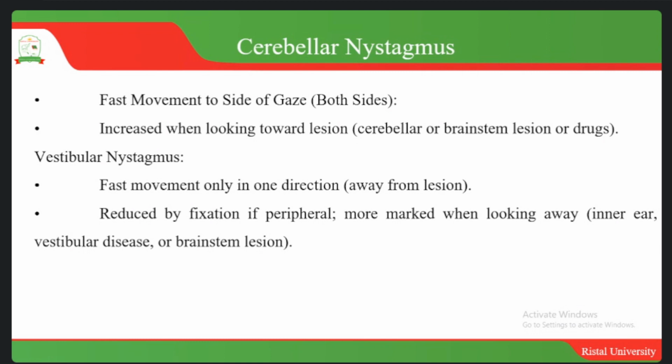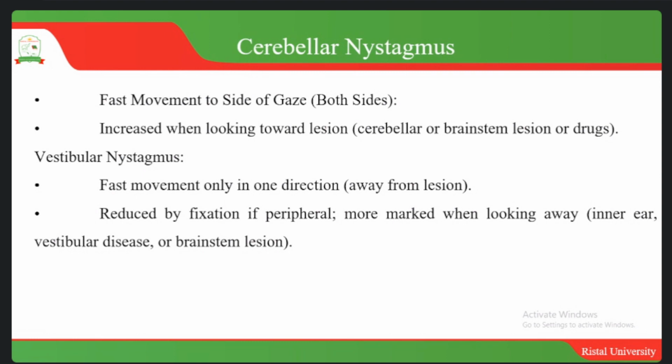Then the vestibular nystagmus, that is the fast movement only in one direction, away from the lesion. So when you tell them to turn to the other side where there is no lesion, they are able to do it, and it is very fast. Then reduced by fixation if peripheral, then more marked when looking away; that is the inner ear, vestibular disease, or brainstem lesion.